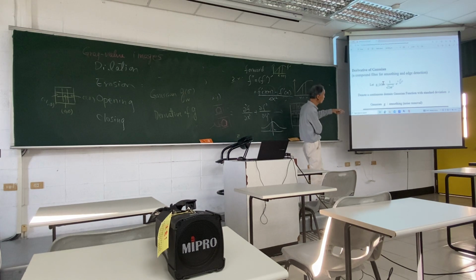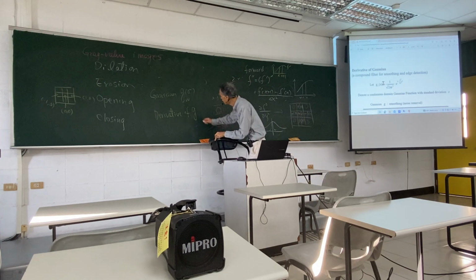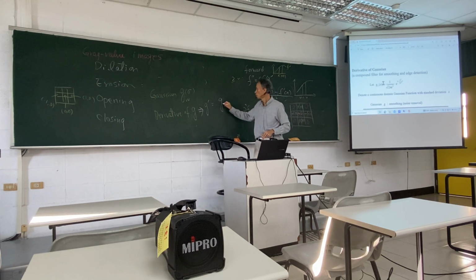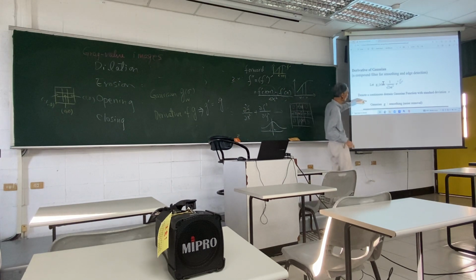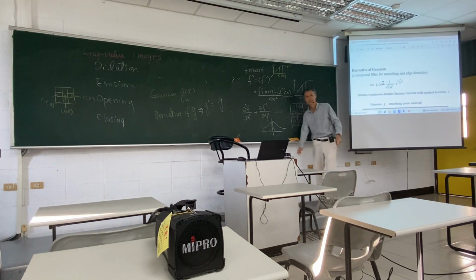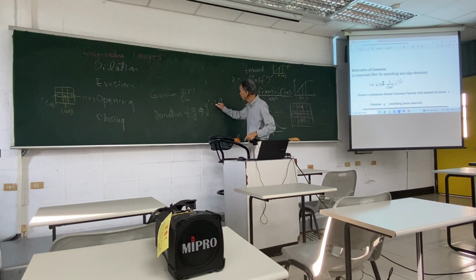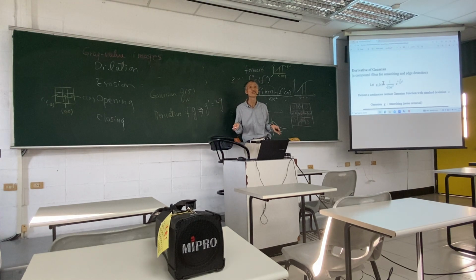So G prime will be the g function itself, but we need to take the derivative of this term. It's nothing but 2x or something. We just drop the scale. It becomes x times g.